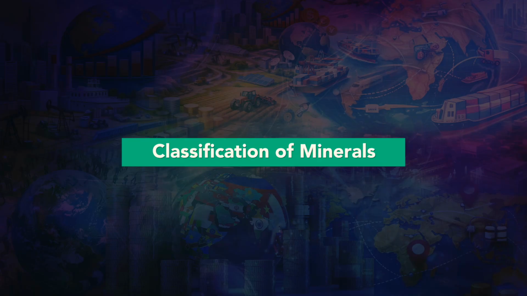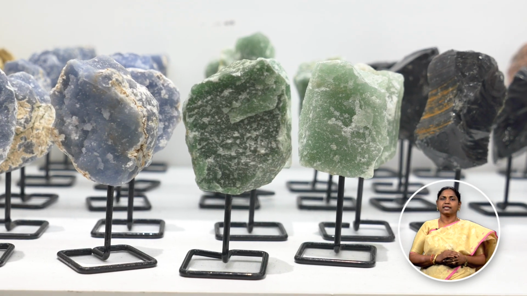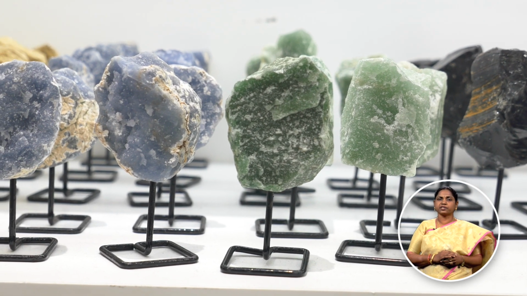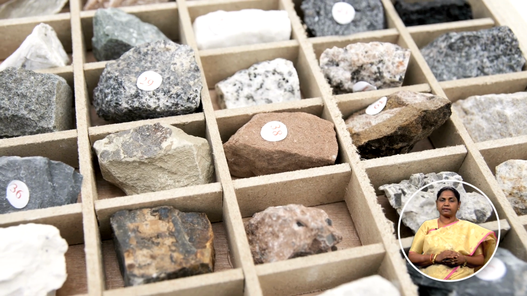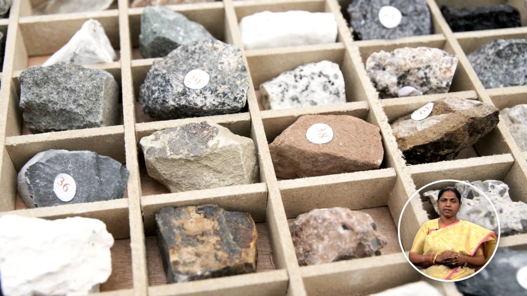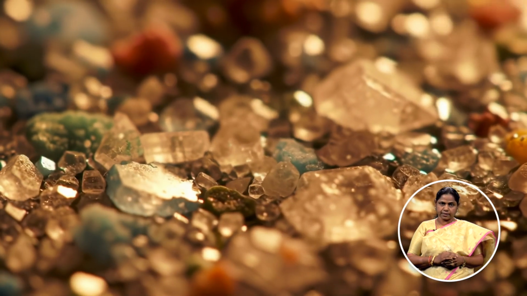Classification of minerals. Basis of classification: physical properties. The classification of minerals is heavily reliant on their physical properties, as these traits facilitate identification and are in fact the basis of the economic usefulness of the minerals.